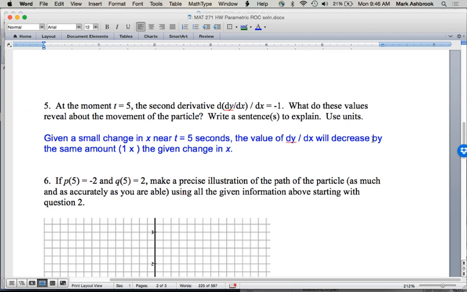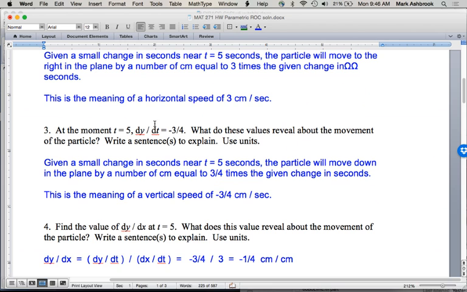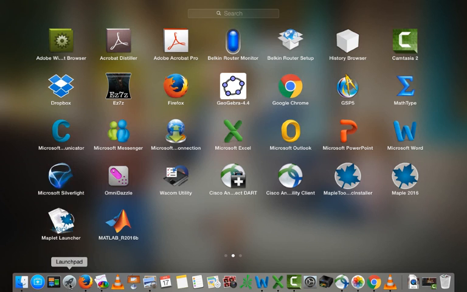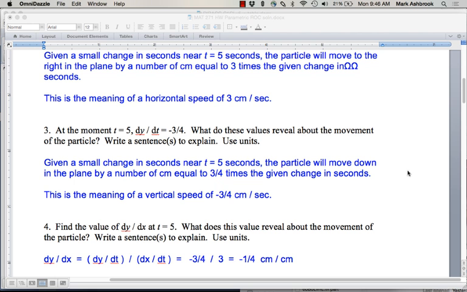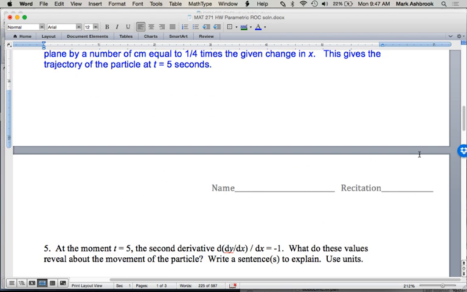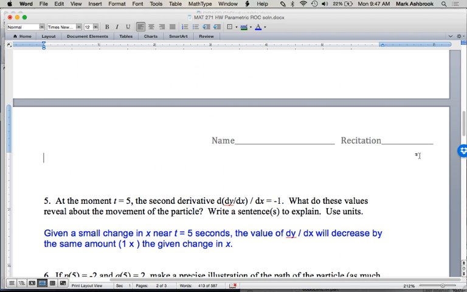Well, you do the same thing. Given a small change in x, this is how much the dy dx is changing.